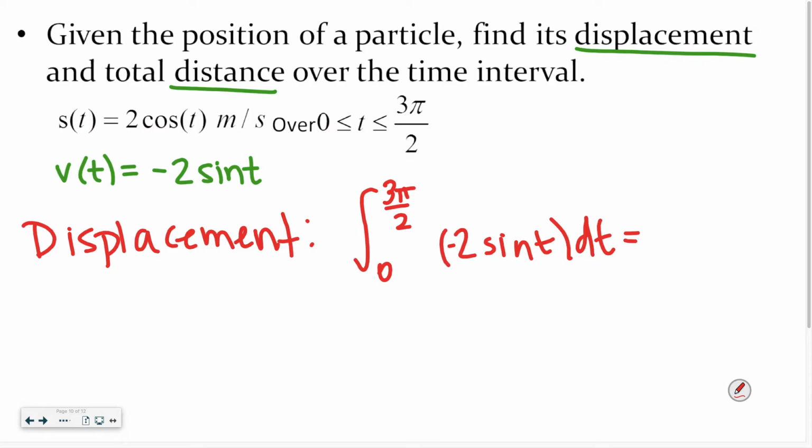So essentially we have 2 cosine of 3 pi over 2 minus 2 cosine of 0. Well, what's the cosine of 3 pi over 2? 0. Okay. What's the cosine of 0? So our displacement, excuse me, is here too.